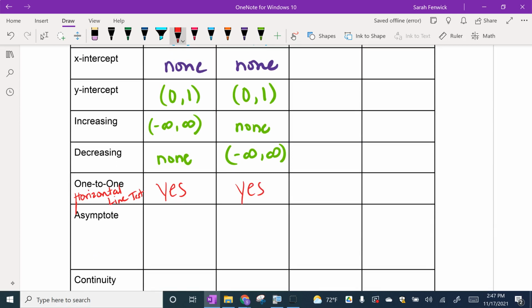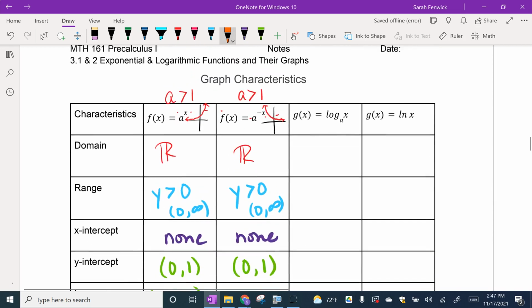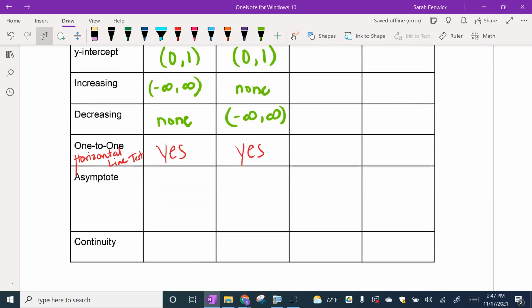All right, asymptote. We did the log asymptote just a last video, I believe it was, but we didn't do the horizontal one for our exponentials. So for an exponential function, keep in mind that you could have a coefficient times your a to the x.